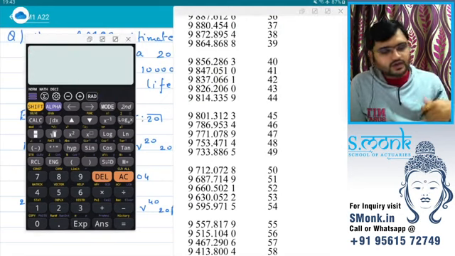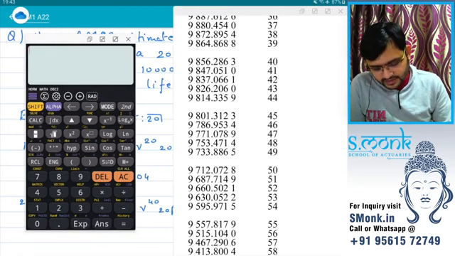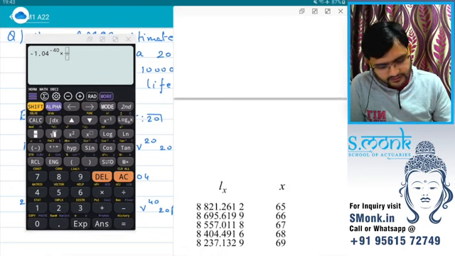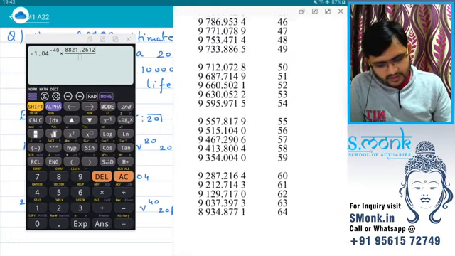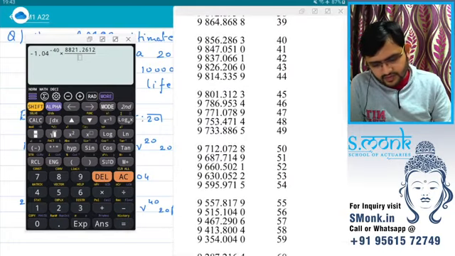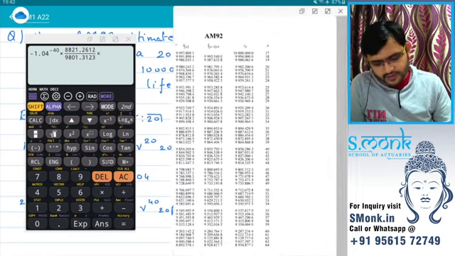Rather than going down and again up, I will first write this. So I'll say minus 1.04 raised to minus 40, into this value. I will just write down l65 was 8821.2612 and l45 I have 9801.3123, and then multiplied by 2A65.